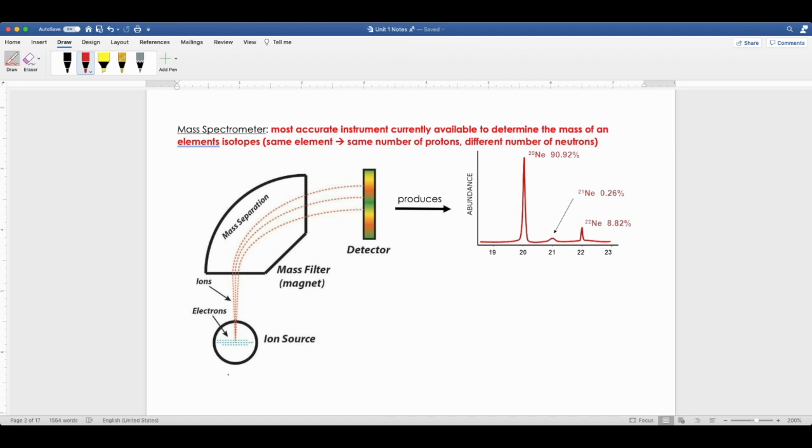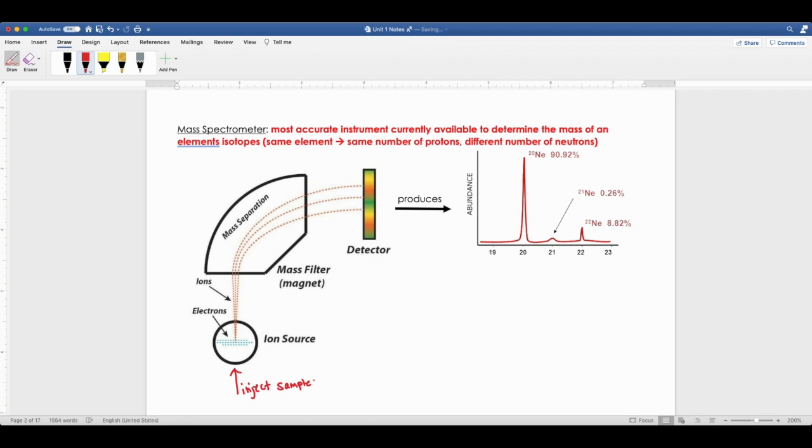So we're going to inject the sample right here. Typically you'd have some sort of a little syringe, and we'd inject our sample. That sample is just going to contain a whole bunch of isotopes of one element, right?